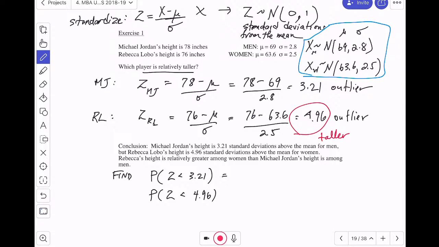To find what that is, you need to go to the standard normal table. But let's talk about it for a moment.